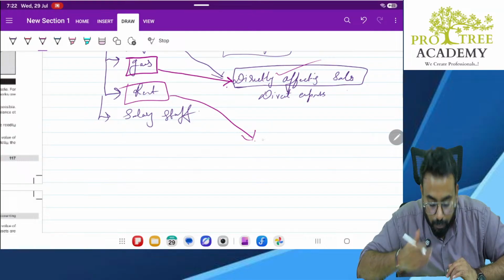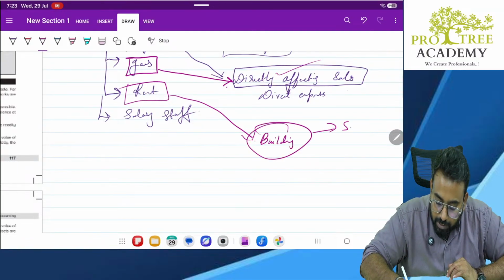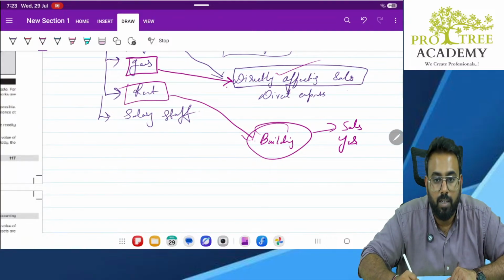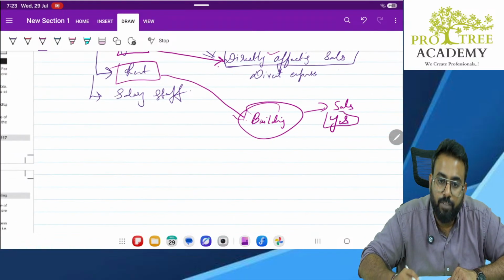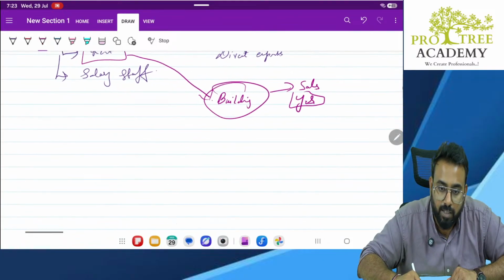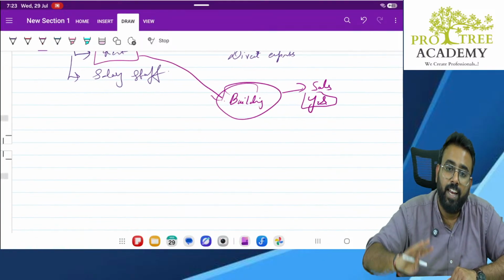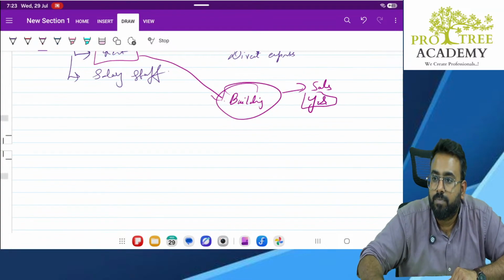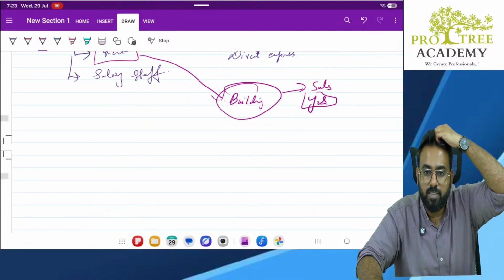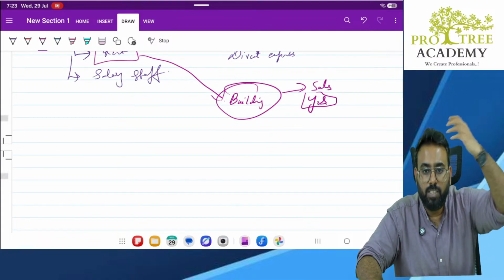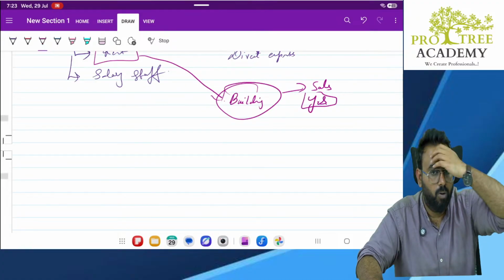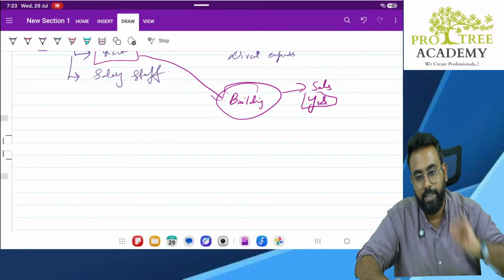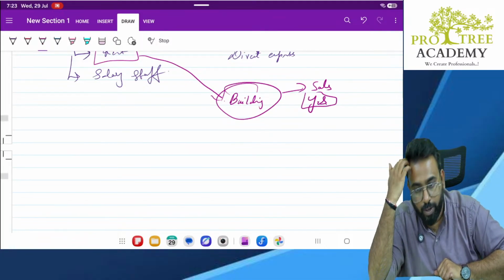Now my question to you, without paying this rent also, can you still make the sales? Answer is yes. What if your property is owned by you? What if I delay the rent by 3 months? Does that mean I have to shut down the restaurant from today? No. I can still run my restaurant. During COVID, if you remember, the government asked all the landowners or landlords to waive off 2 months rent.